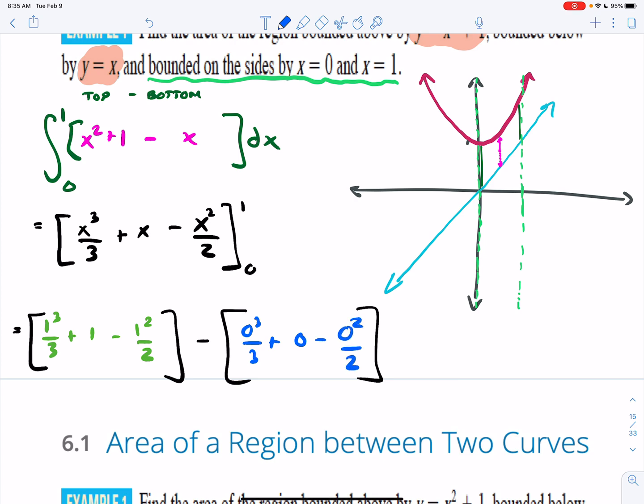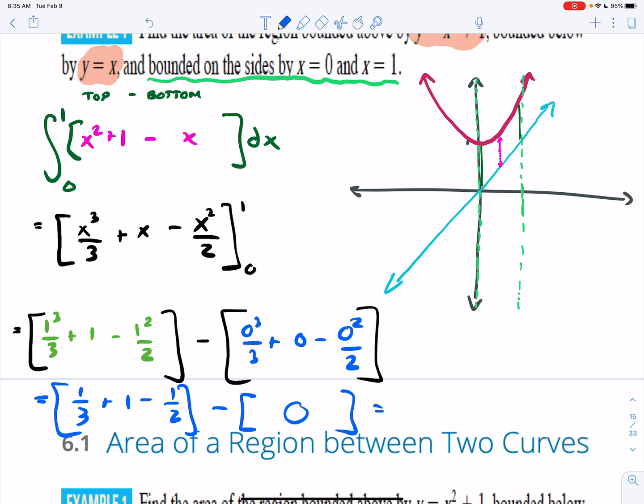Okay? This comes out to 1/3 plus 1 minus 1/2 minus, I think all of here comes out to 0, coincidentally, not always, okay?